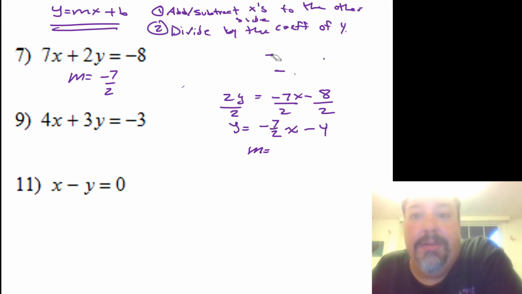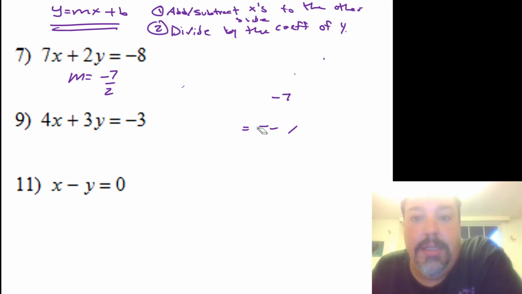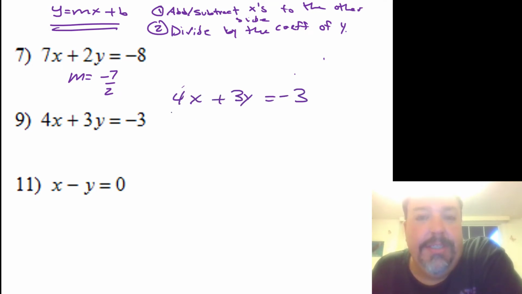Okay, let's try another one. So let's erase this guy. All right. And what do we got here? 4x plus 3y is equal to -3. So again, maybe I'll leave some space here, put the -3 over. I'm going to first subtract 4x from both sides.